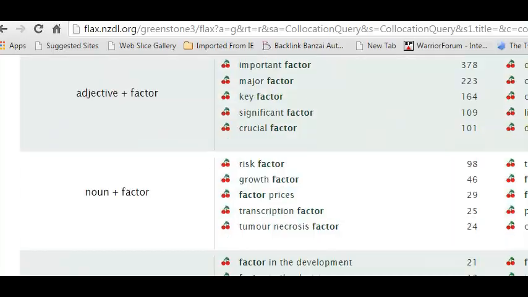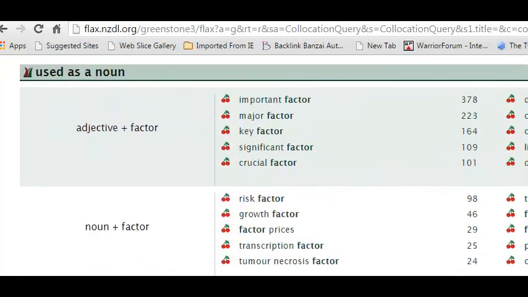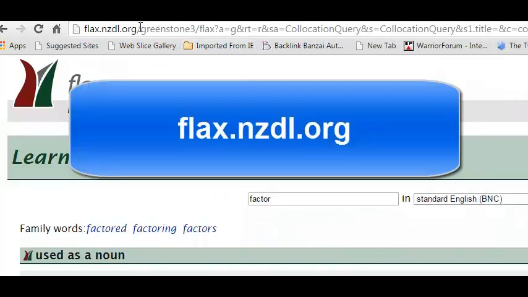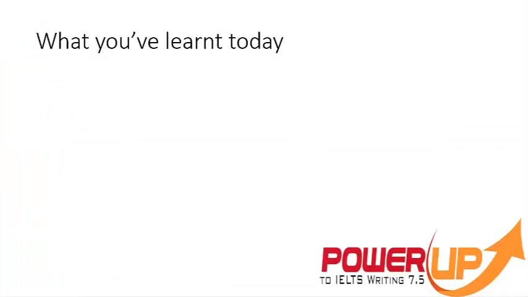And if you look at all of this and just become aware of the kind of words that co-occur together, your writing is going to become far more fluent and natural sounding, and far easier for your reader to read and understand if they're a native speaker. So that's all I want to say about collocations, and go out and check out what's on offer at flax.nzdl.org.